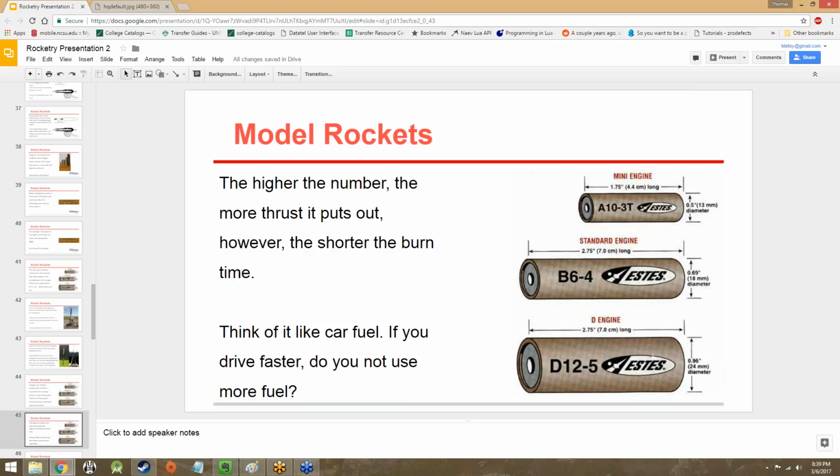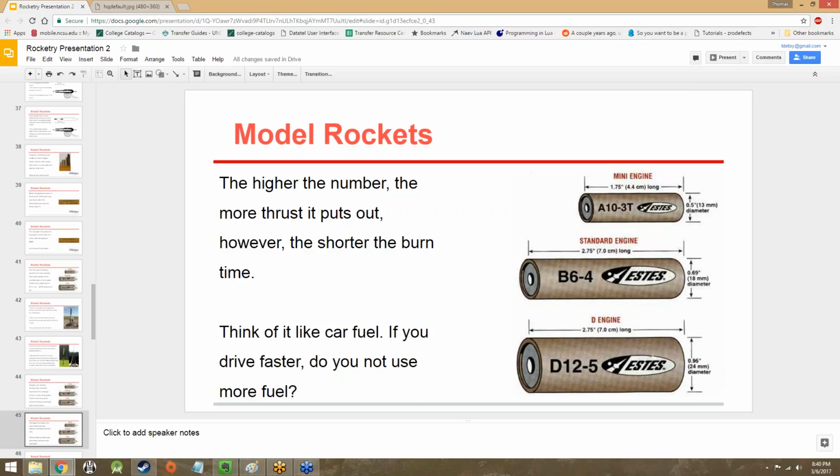The D12 is going to be putting out a lot more power though, because it's got double the amount of average power. By virtue of its letter alone, and the fact that it's a higher number, it's going to be putting out a higher thrust as well. But assuming all things equal, yeah, a D12 will run roughly the same amount of time that a C6 would run.